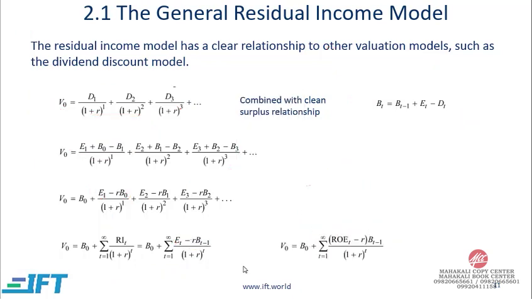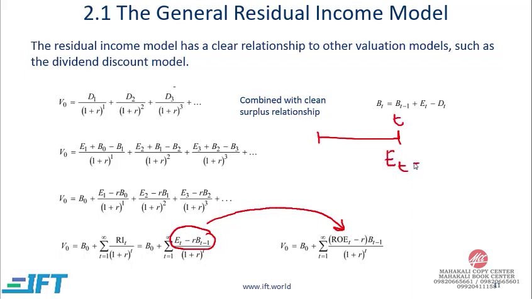I also want you to notice that the earnings minus R times B is the same as this expression over here, and I'll just do it for you once and then you can remember this particular relationship. It is important. So what we are saying is the following, that over a given period, if this is time t, the earnings at time t minus R times book value at the start of the period can also be written like this.